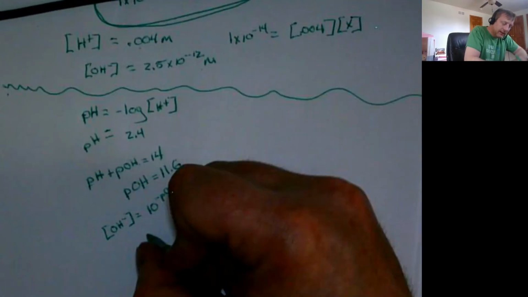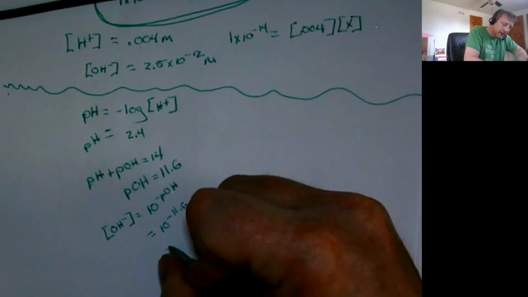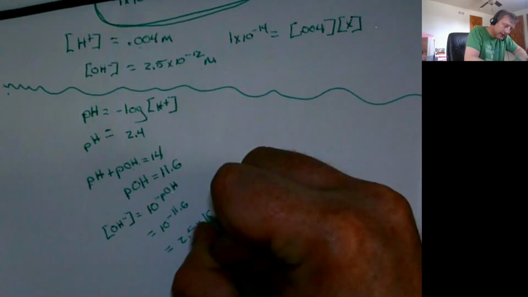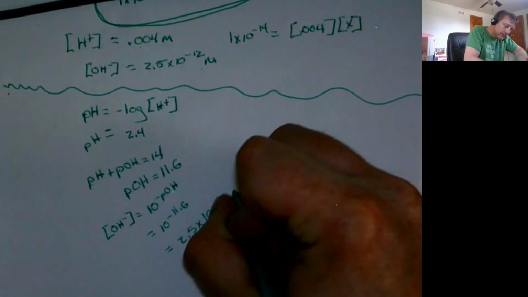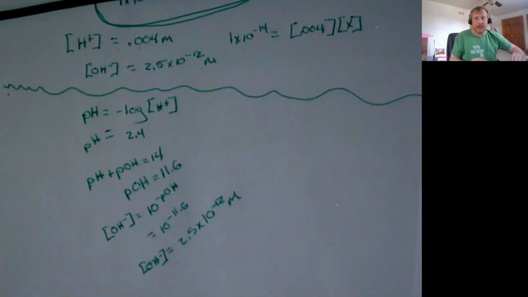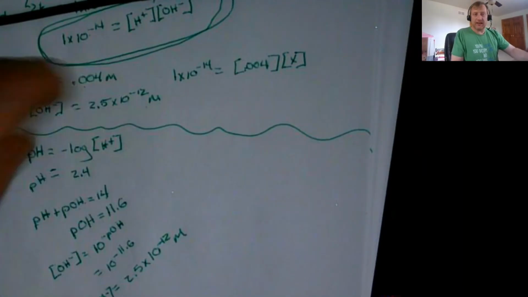And so here we have 10 to the negative 11.6. If you run that through your calculator, you will find that indeed we get the same answer no matter which strategy we pursue. So this is just a little easier.